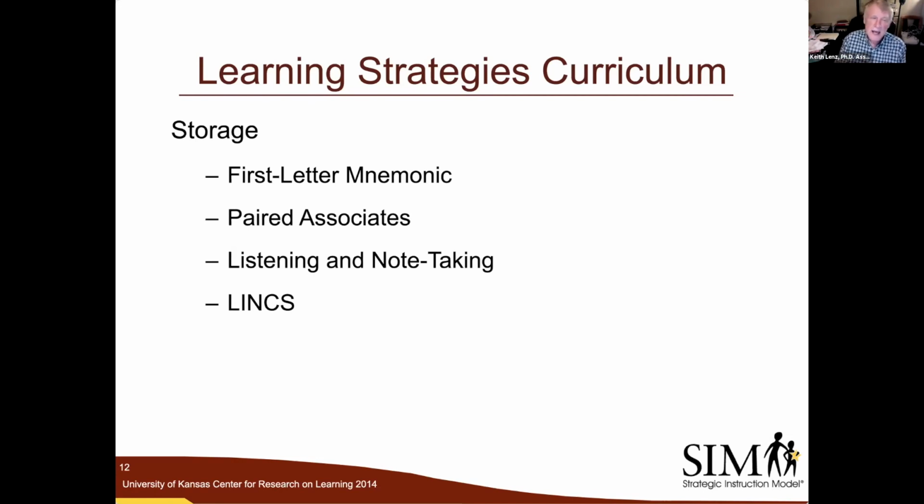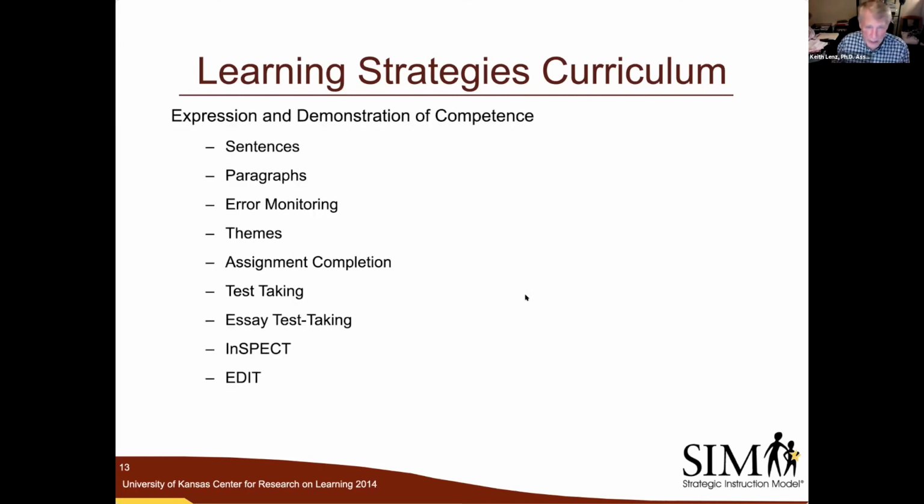And then links. Links is a vocabulary learning strategy which requires a student to name the word, develop a definition, create a sentence, and then a picture to learn the vocabulary word. Then finally, once they acquire the information and store it, there are a variety of strategies for expression and demonstration of competence.